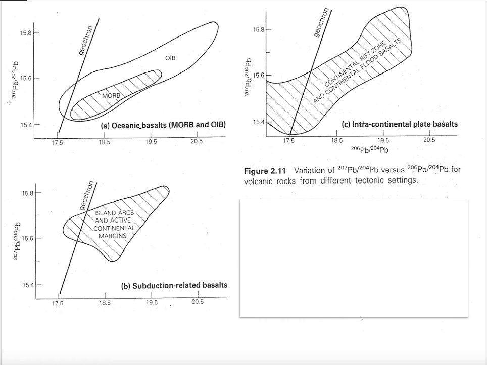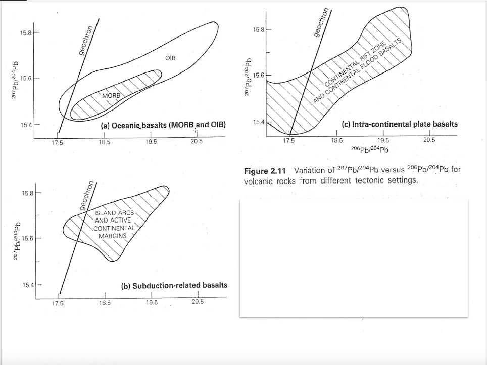We have on the y-axis 207 lead to 204 lead, and on the x-axis everywhere 206 lead to 204 lead. And therefore we can use the lead isotopes as well for the identification of rock samples from different geotectonic settings at different times.